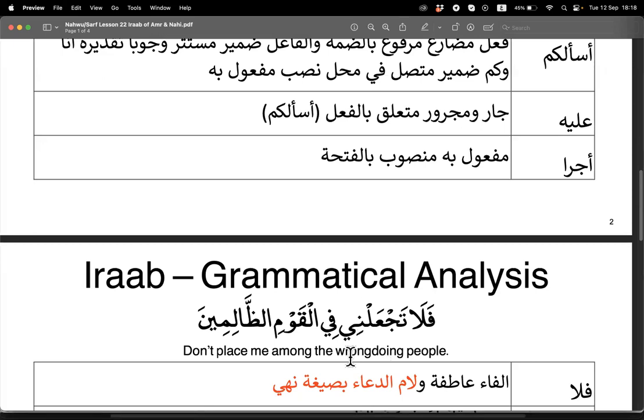Good. And then the ni. The ni is domir muttasil. Which one is dhamir muttasil? The nun or the ya? The ya. So what is this nun? Do you still remember? What does this nun do?